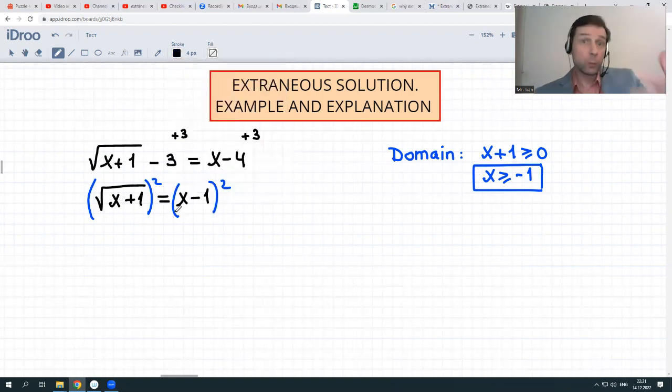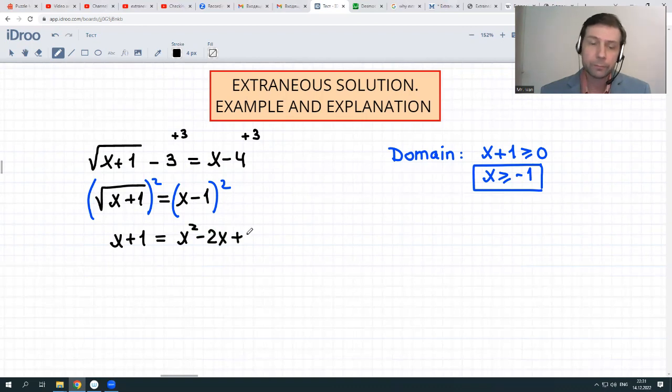If we square the square root, it would be just the expression under the square root, which is x plus 1. If we square x minus 1, by the algebra expansion formulas, it would be x squared minus 2x plus 1.